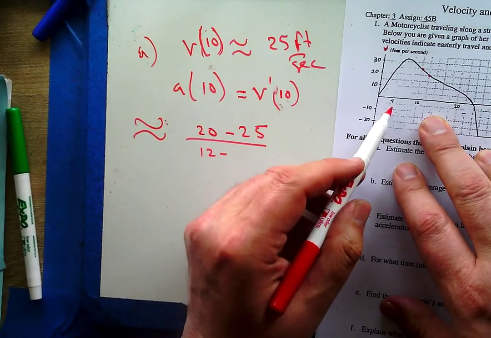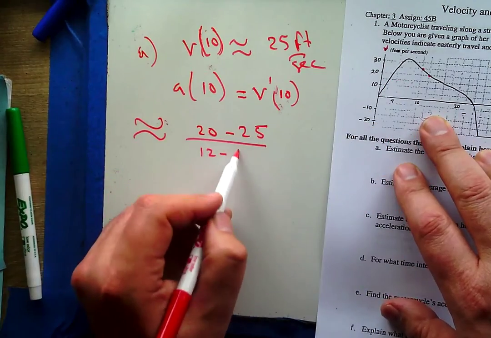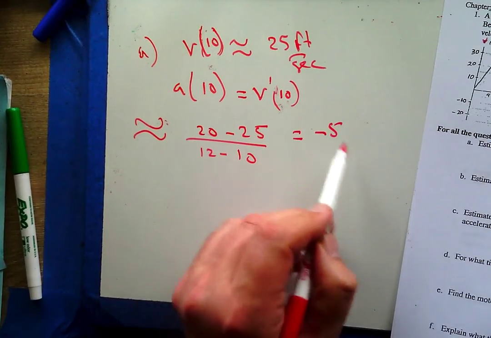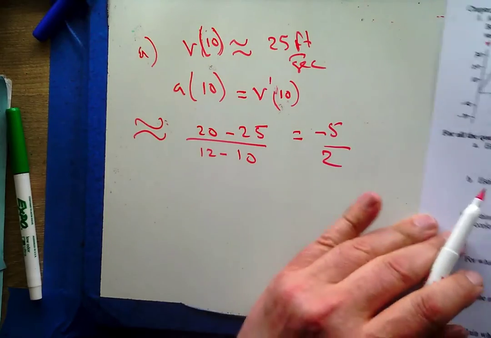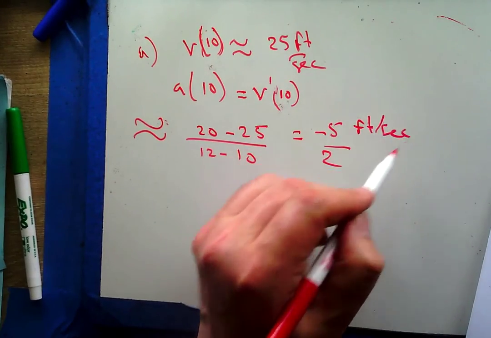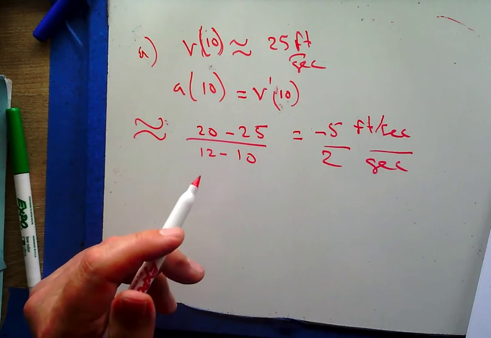That's interesting that that's 4. 2, 4, 6, 8, 10. And that's going to be negative 5 over 2. And the units here will be feet per second on top and seconds on the bottom. So feet per second per second.